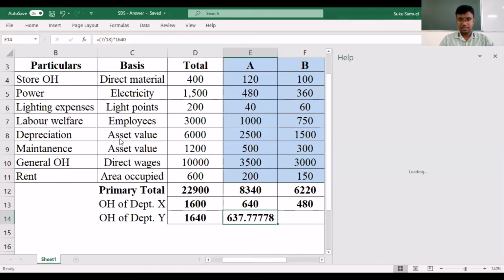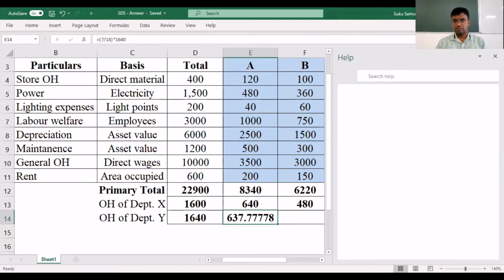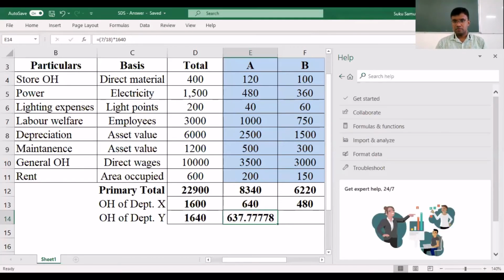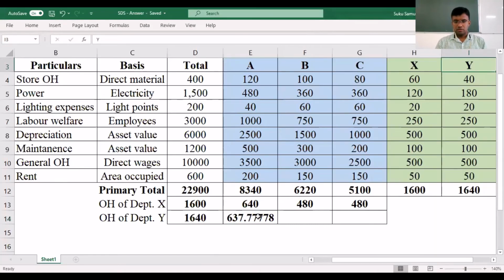For B, this will be 6 divided by 18 into 1,640, which is 546.67.